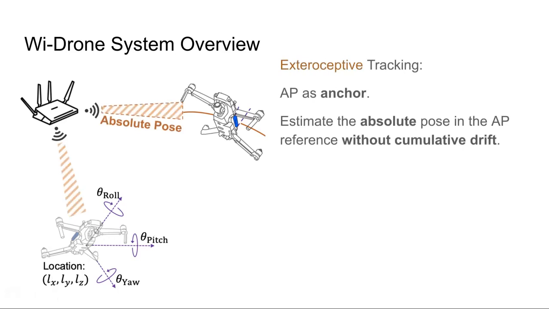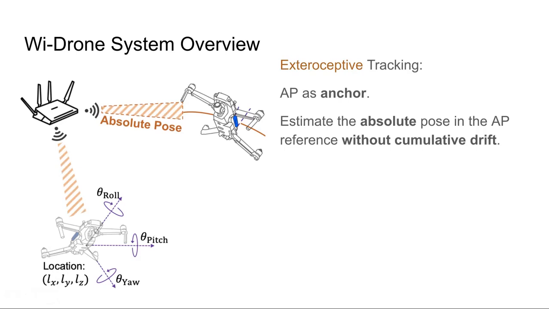Then, in order to do tracking, in order to infer these two types of parameters, location and orientation, the authors proposed two main components. The first one is exteroceptive check-in, which is a fancy name for saying that the drone receives signals externally, from an external object in the environment.